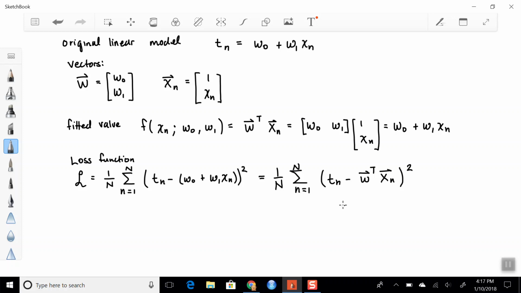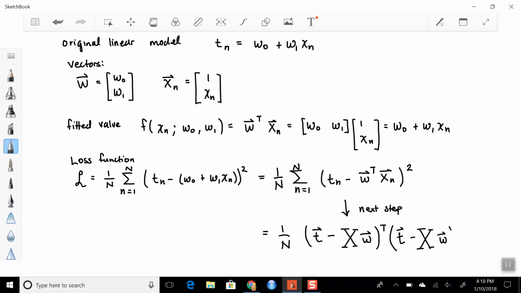And what we will do next, and I'm going to have to explain how we get to this next step, is to do the entire summation part, and this is going to become t transpose minus the matrix x w times... Okay, but the next slide will say how we make this jump from here to here.